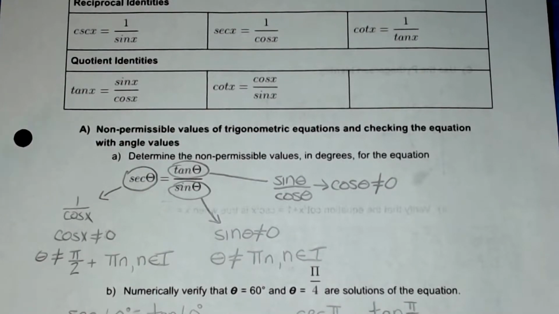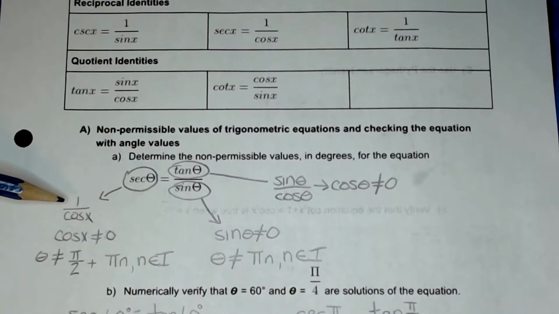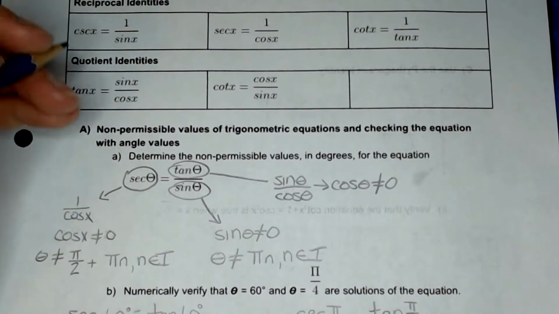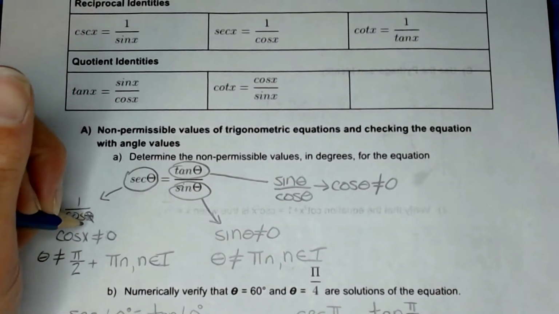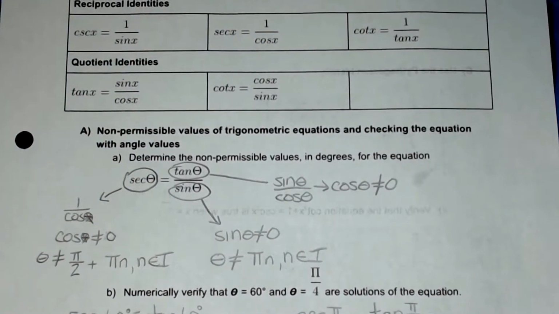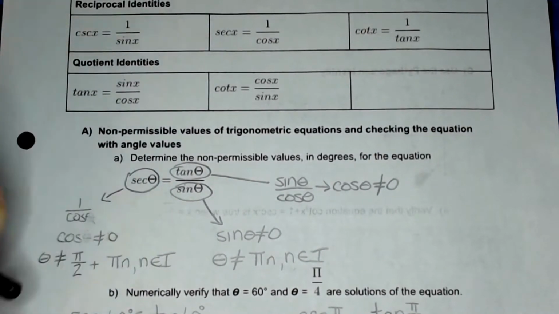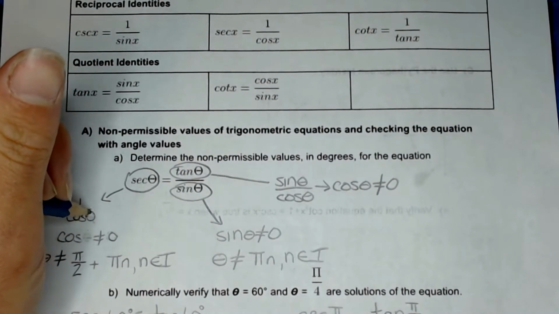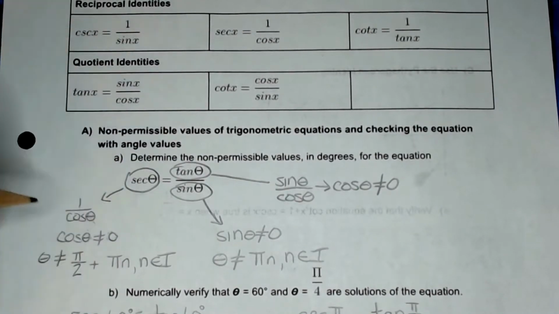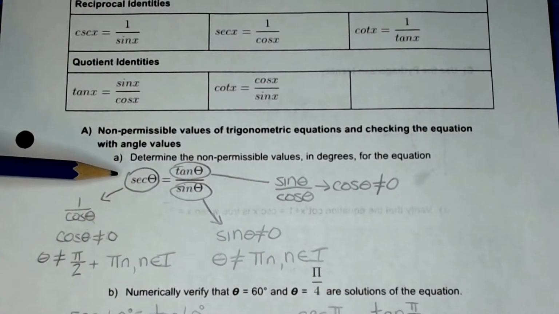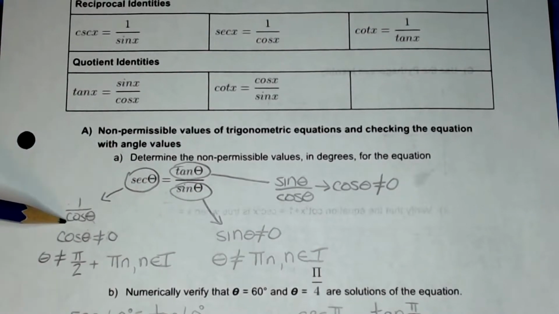Now, if you look at secant theta, you need to remember that that's equivalent to 1 over cos of theta, or cos x. I'll just change that to theta so we're consistent. Secant theta is equal to 1 over cos theta, and we know that cos theta cannot equal 0 because it's on the bottom of a fraction.